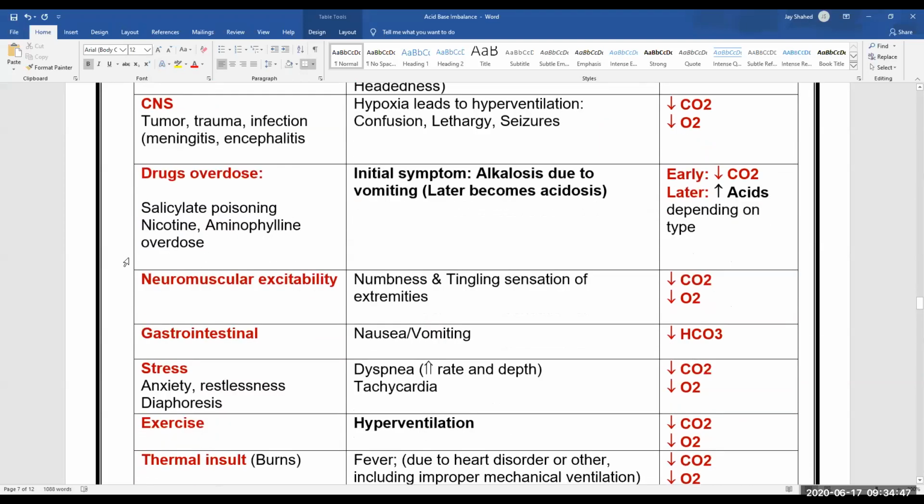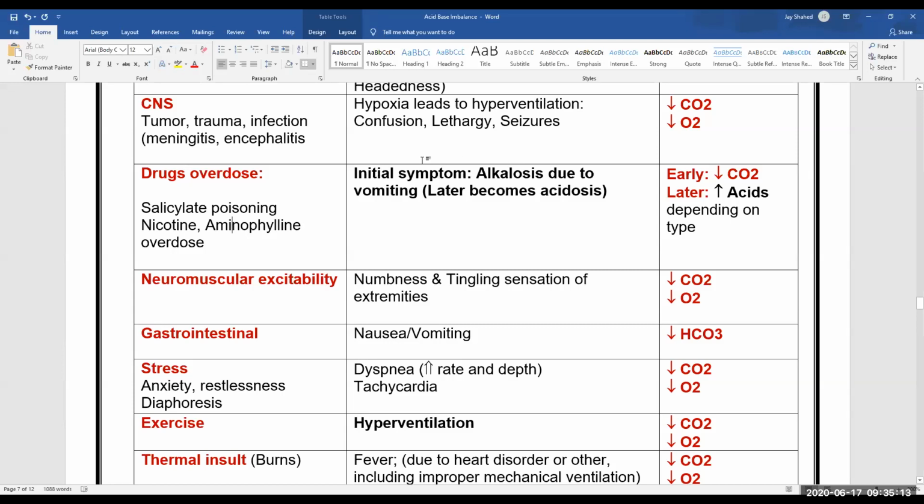All right, so like we said with aspirin, the initial symptoms are alkalosis, because you end up vomiting. When you take aspirin and have aspirin poisoning, the first thing you do is start having nausea and vomiting.